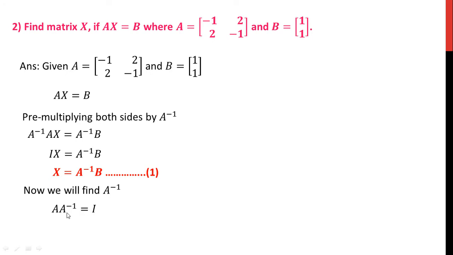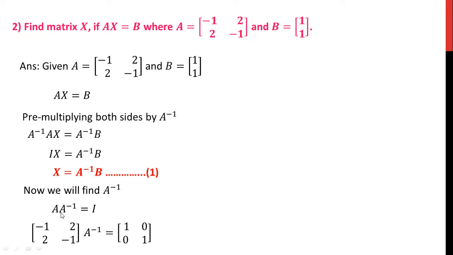If you want to perform row transformations, then always take this equation: A into A inverse is equal to I. First of all, remember X is equal to A inverse into B. Say this is equation number 1. Now we have to find A inverse. So put the values here.